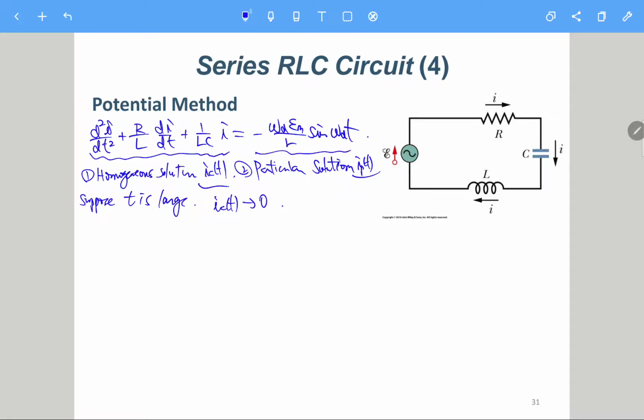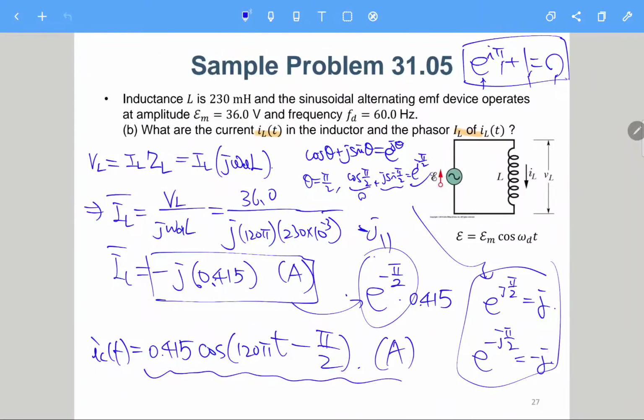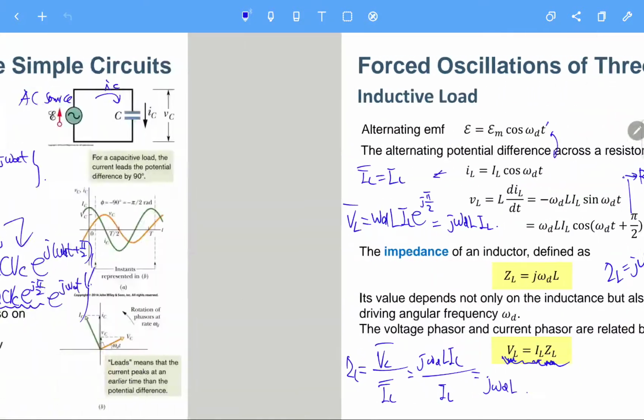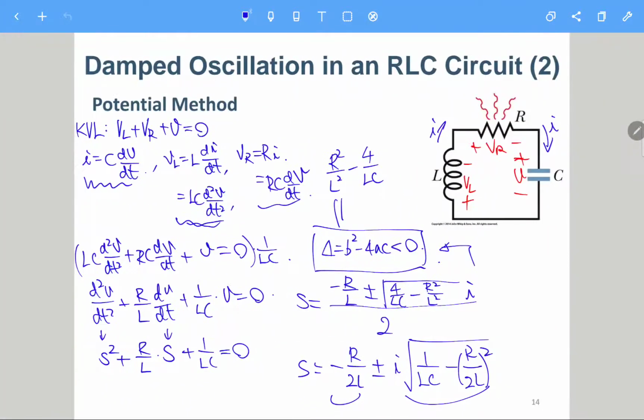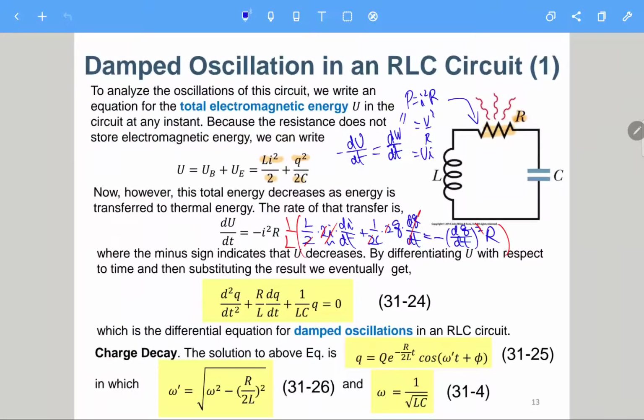Because if we only have this one without the right hand side, the solution will be this one. Actually you can write it as I, because you take dq/dt and it will be the current.